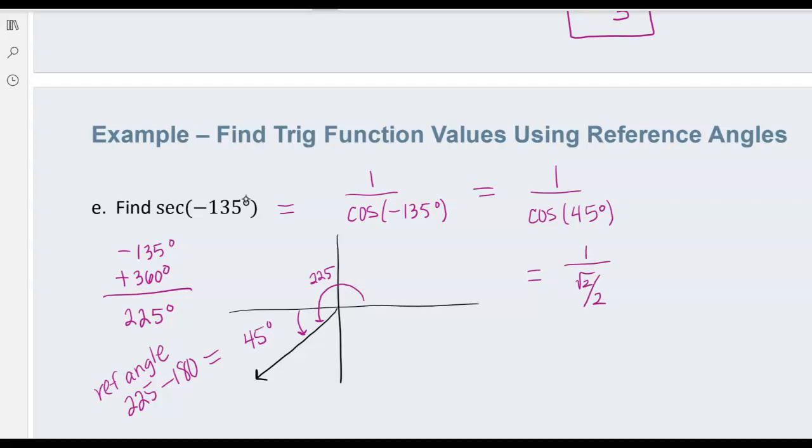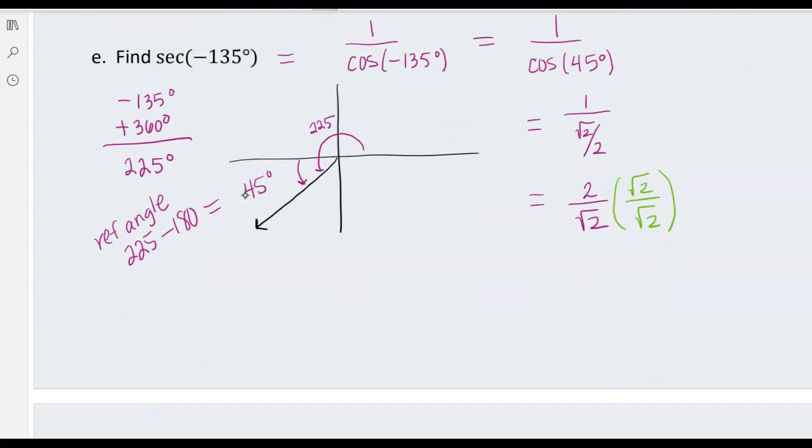Or really what that means is flip the fraction upside down, 2 over square root 2. And then rationalize it. So for our answer, we're getting 2 times the square root of 2 over 2. But these two things are going to simplify, and I just have the square root of 2. Secant is related to cosine, and in the third quadrant here, x is negative, y is also negative. So our answer overall is going to be negative.